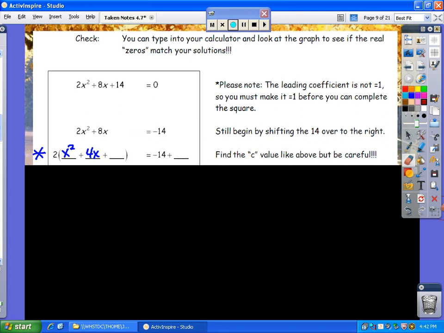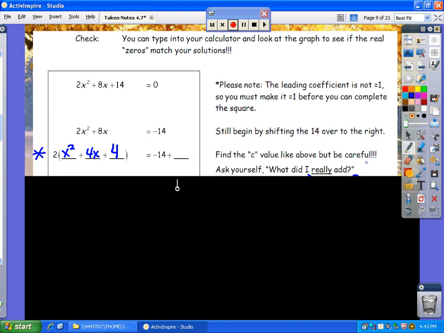Oh, hold on. I erased it. Okay, let's see. We're going to add 4 to complete the square. Now be careful here, because what have I added on the left-hand side of my equation? I added 4 times 2, so that means I need to add 8 on the other side of this equation.